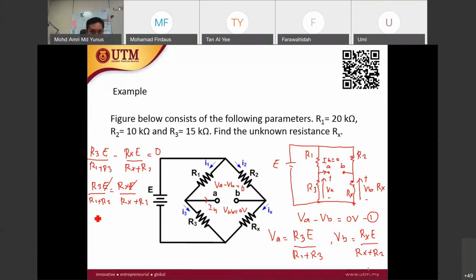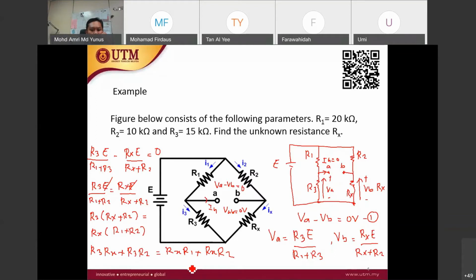So we have R3 multiplied with Rx plus R2 equivalent to Rx multiplied with R1 plus R3. So we get R3 Rx plus R3 R2 equivalent to Rx R1 plus Rx R3.